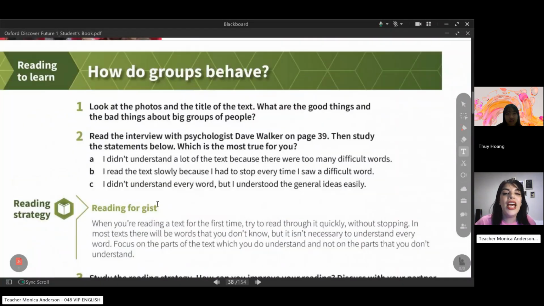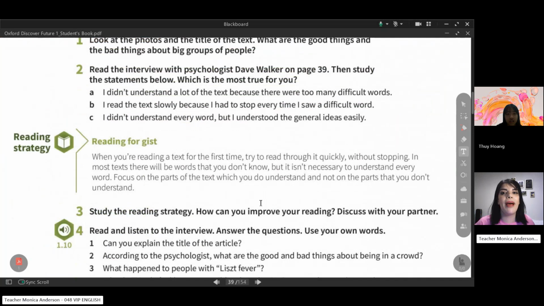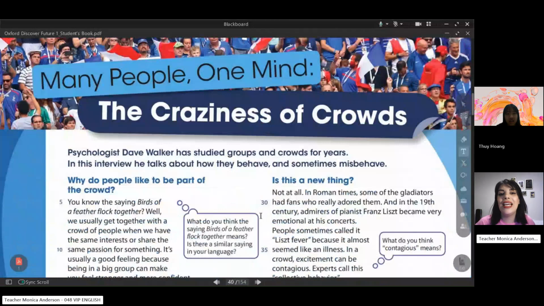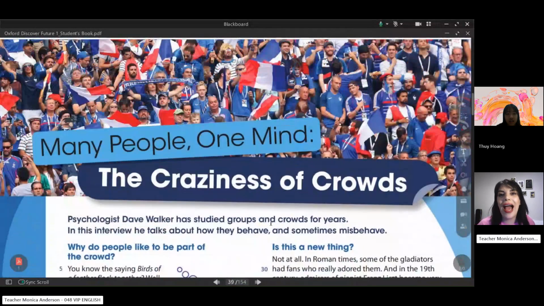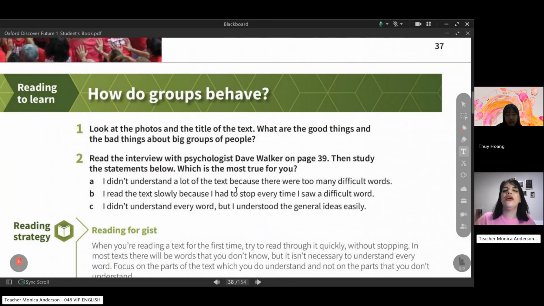Very good. Okay, and now let's talk about this one. It's the reading section. The Craziness of Crowds. Wow. So let's read it together. Sometimes we read some texts or essays or articles, but we don't understand some words.